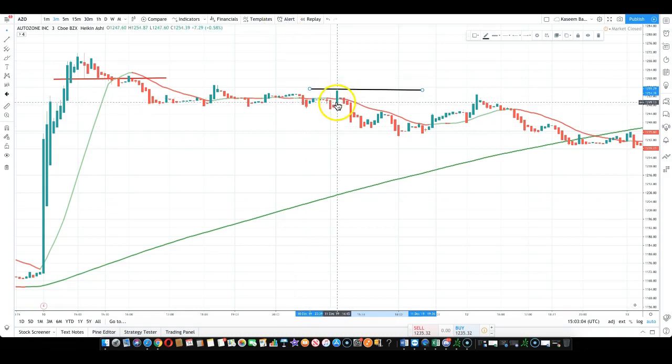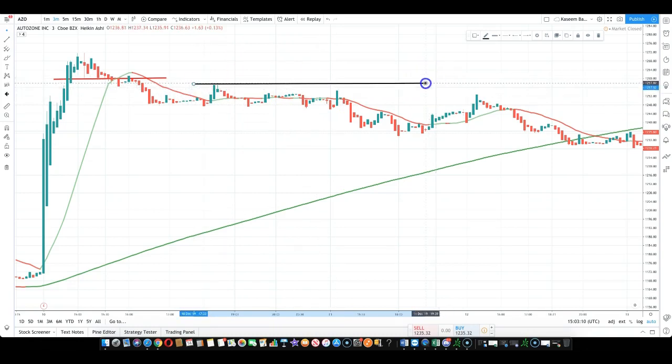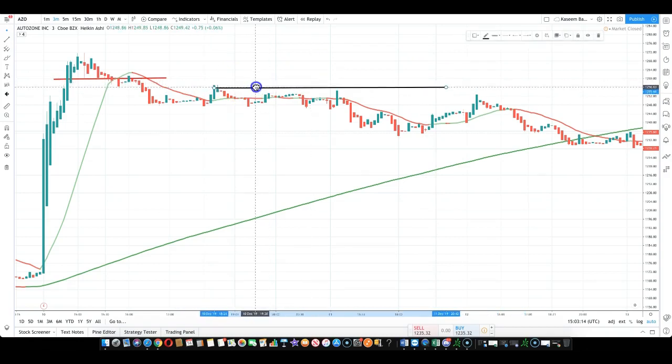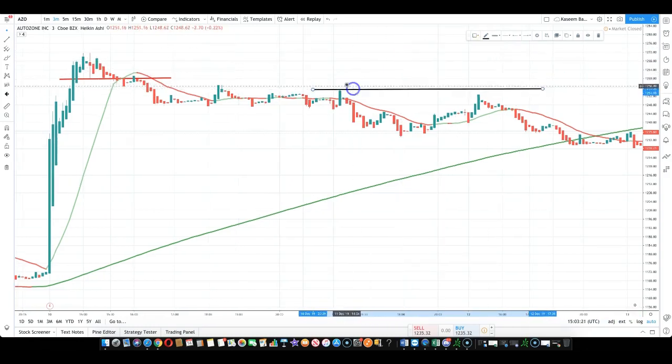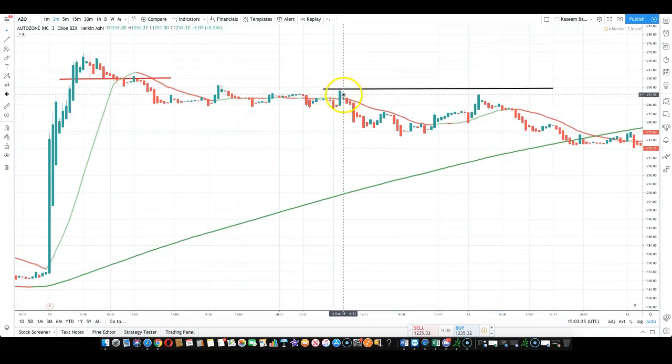So let's say you're looking at this point, you can say, okay, it has been as high as this one, or maybe as high as here. But for the sake of simplicity, let me place this right here. So you say, okay, I'm watching the stock at this point.